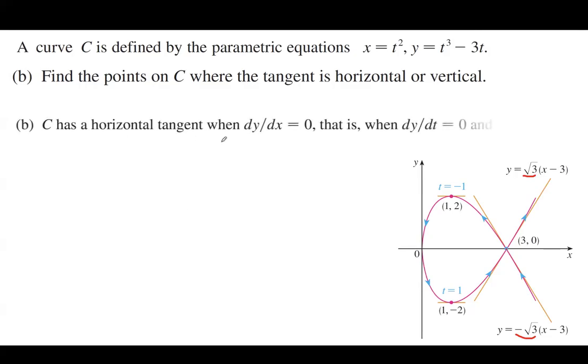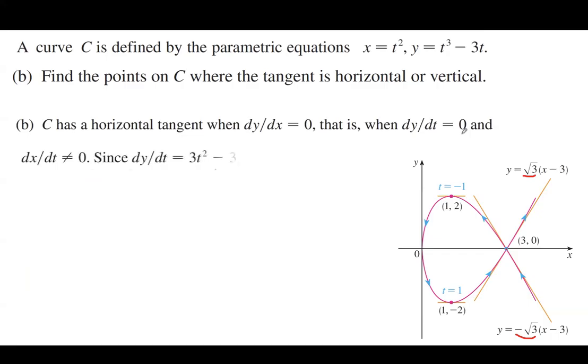C has a horizontal tangent when the rate of change is equal to 0. So you just need to take the numerator and set it equal to 0. Remember the chain rule that we defined and used for dy/dx? The numerator has dy/dt. You only need to take the derivative of y with respect to t and set it equal to 0.